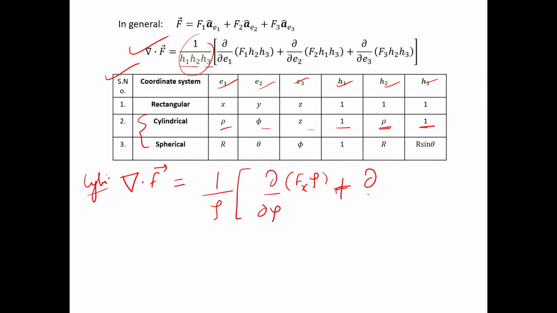Moving on, dou upon dou phi of f2, and h1 h3 is 1 only, simply f2, and then dou upon dou z of f3 multiplied by h1 into h2, f3 multiplied by rho.